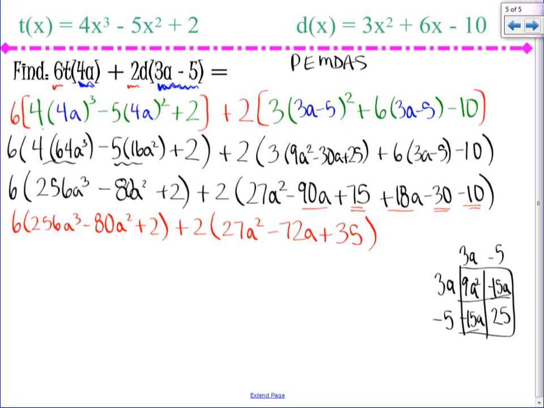Okay. What's next? What would you do on the test if this was in front of you? Yes, we would distribute now these numbers out front to everything inside. So help me out with these bigger numbers, please. What's the first one? How much?